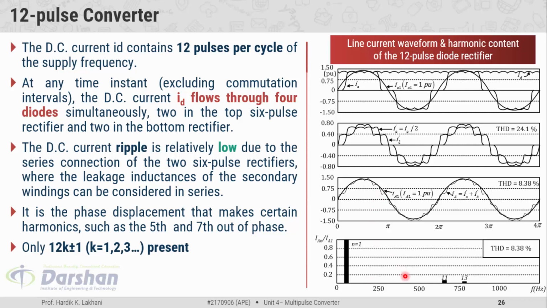Besides that, the 5th order harmonic is absent, the 7th order harmonic is absent, then the 17th is also absent, the 19th is also absent, and so on. So for the 12 pulse converter, the lowest order harmonic is the 11th rather than the 5th. That is the key advantage of the multipulse converter. The lower order harmonics do not get produced.